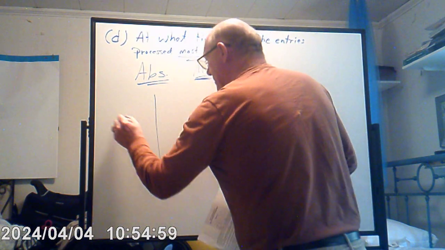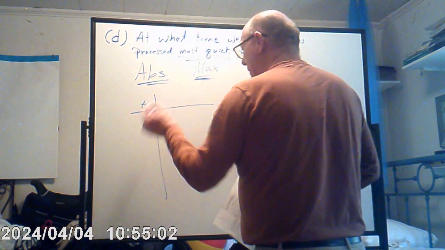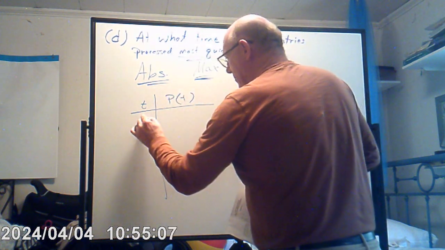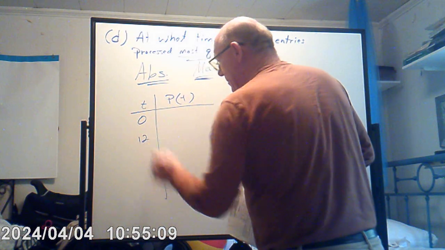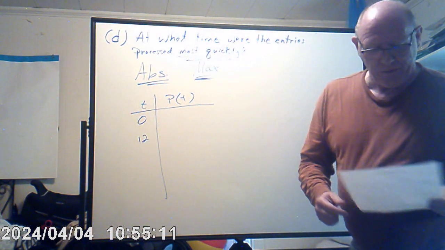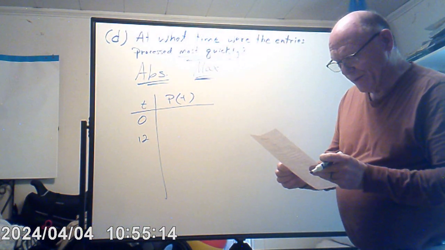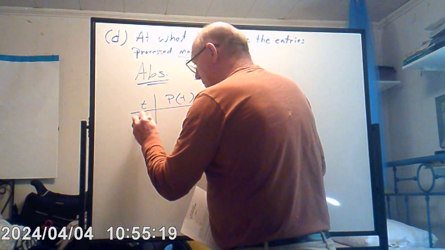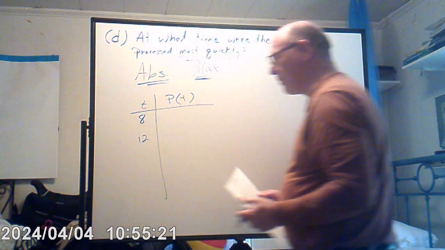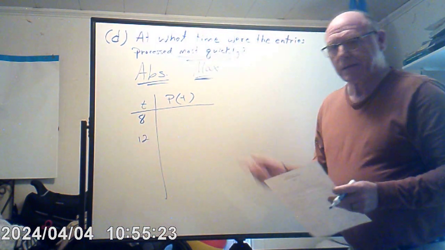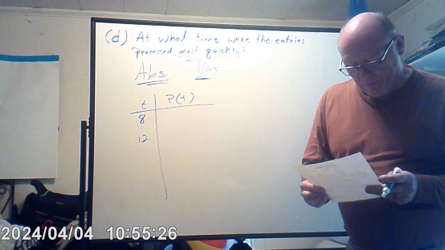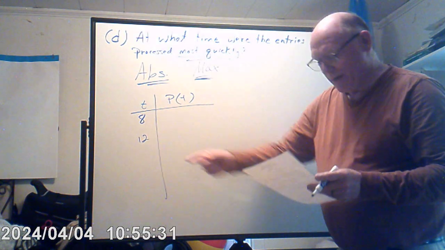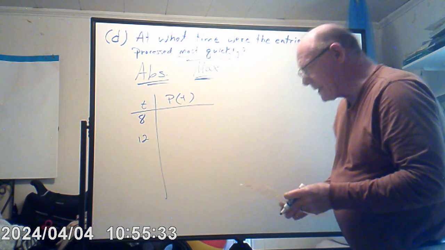So we have to worry about the endpoints and P at T. Now remember, the endpoints are from 0 to 12. No, I'm sorry, that's wrong. 8 to 12. 8 and 12, that's from the last problem. They're not being processed till T equals 8, and it ends at T equals 12 at midnight.